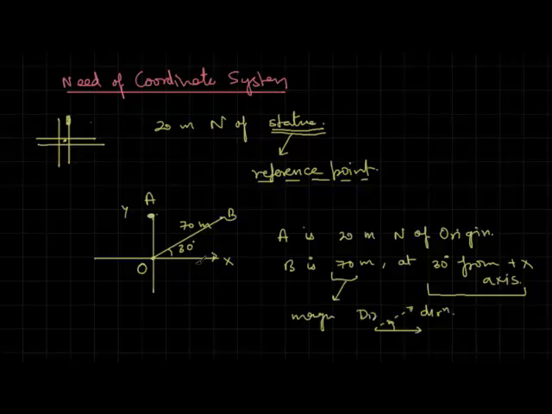So all this is for the position vector. To define a position vector, we need a reference point, which in this case is origin in our coordinate system, and then we say the magnitude and the direction. So now we exactly know precisely that with respect to our reference point, in this case origin, where the object is located.